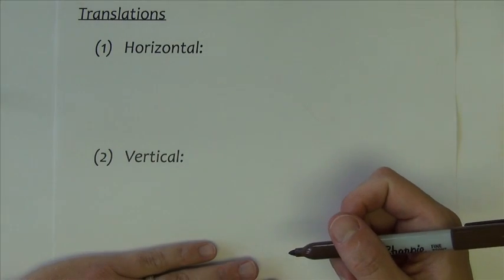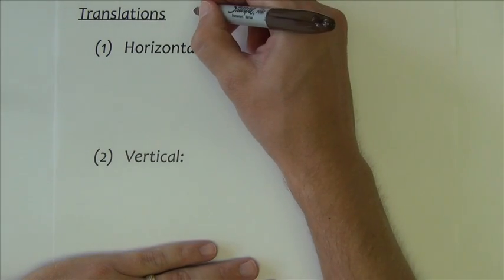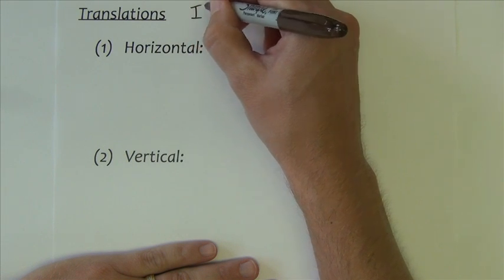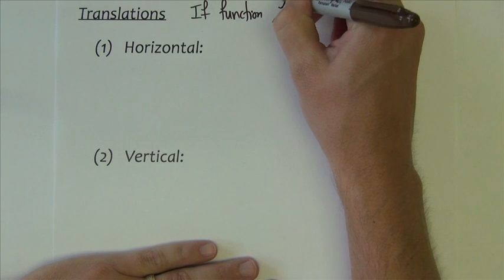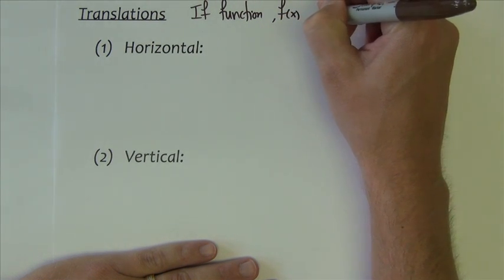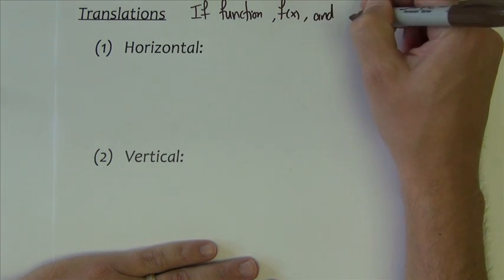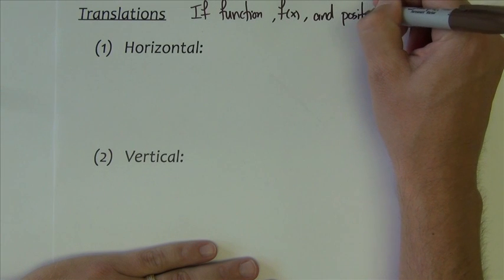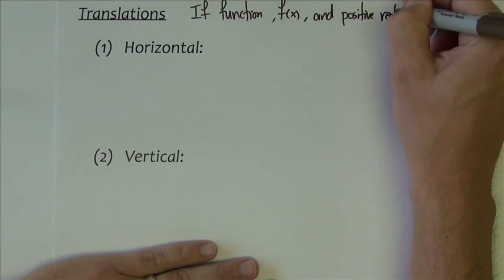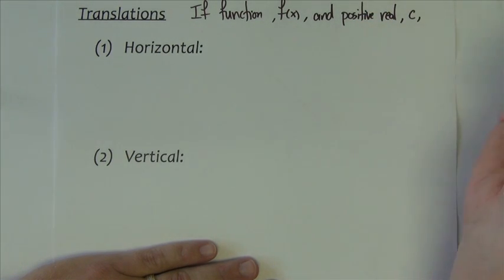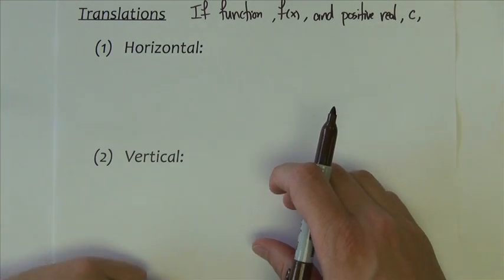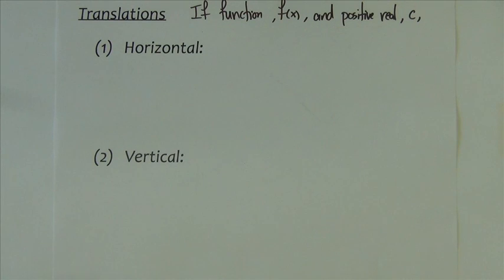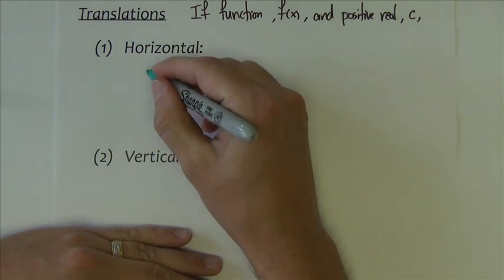We'll begin by looking at translations. If we have a function f of x and a positive real number c, then here's how we define our translations. Horizontal translations will look like this.